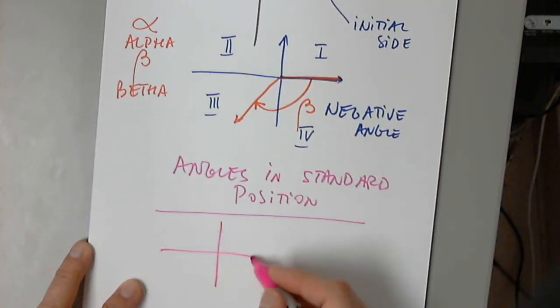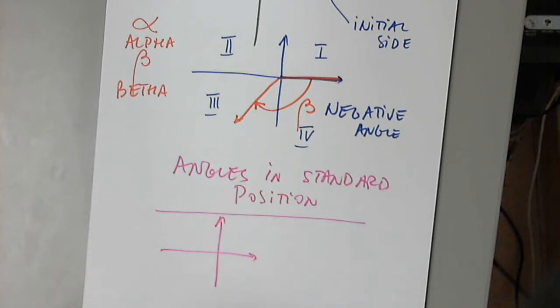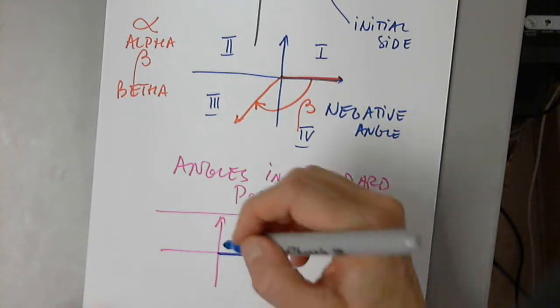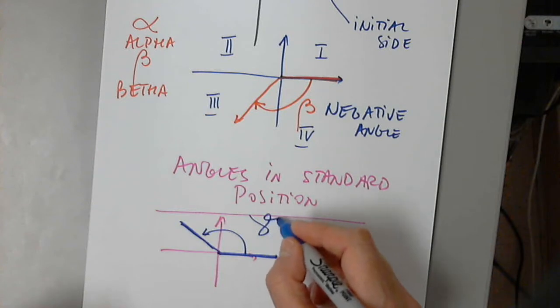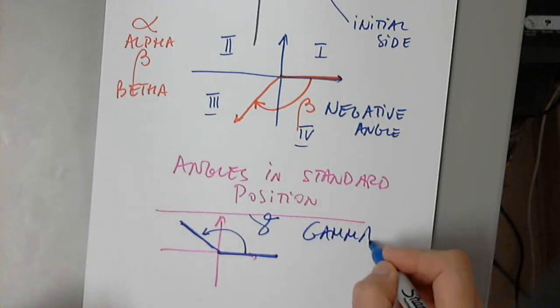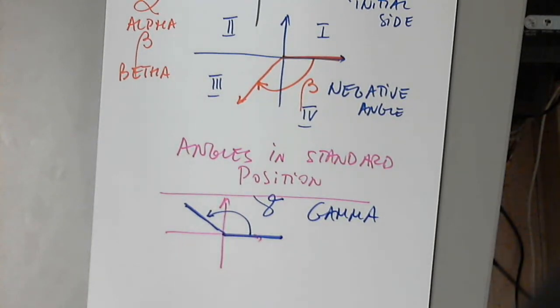One more time, an angle in standard position, to give you another example, is this: its initial side on the x-axis and the terminal side anywhere. And this is gamma, the measure of angle gamma.